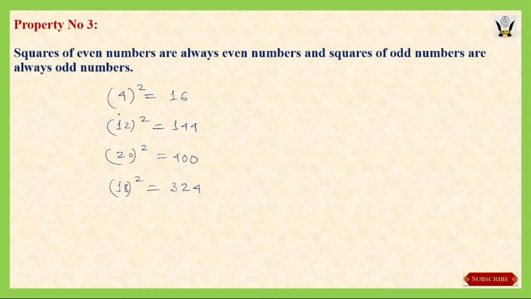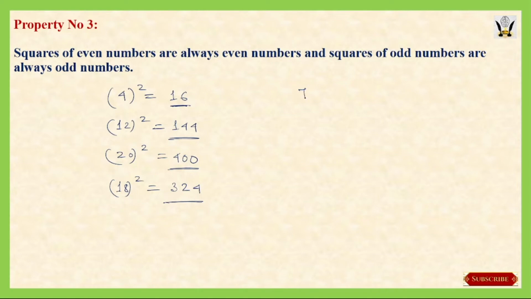So all these numbers on the left side are even numbers, and when we evaluate the squares of all these numbers, we find all of them are even numbers. We know how to identify whether a number is even or not. Now we will take a few examples of odd numbers.